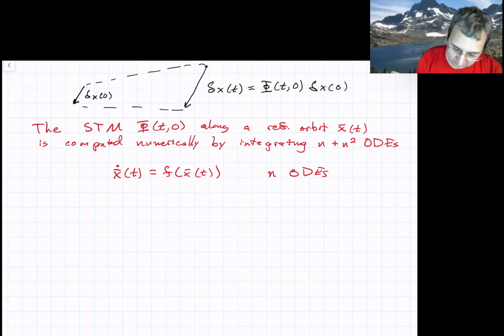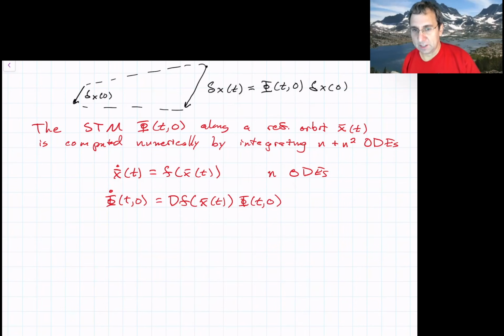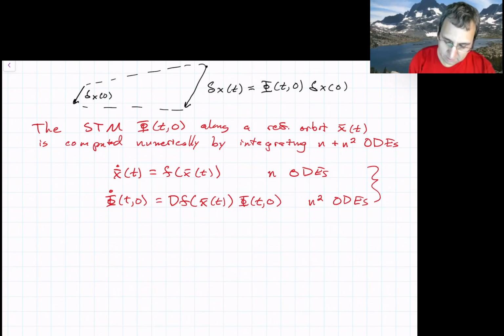And then you calculate phi dot, and phi dot is equal to this Jacobian matrix along the reference trajectory times phi. So since phi is n by n, that means these are n squared ODEs. And so you do the two of them simultaneously.